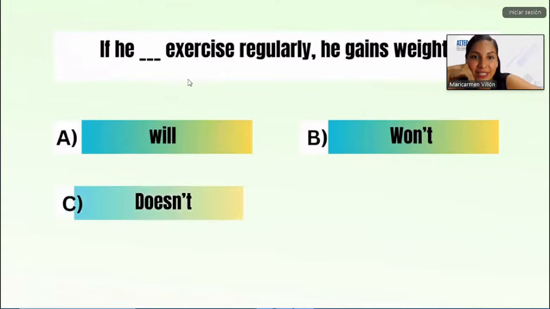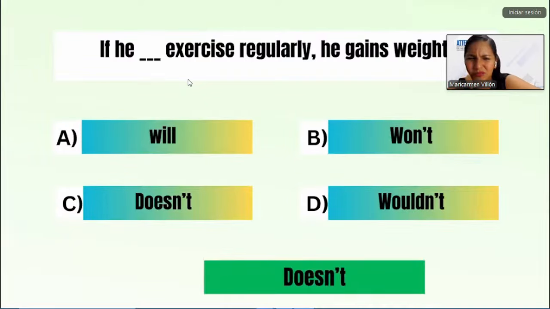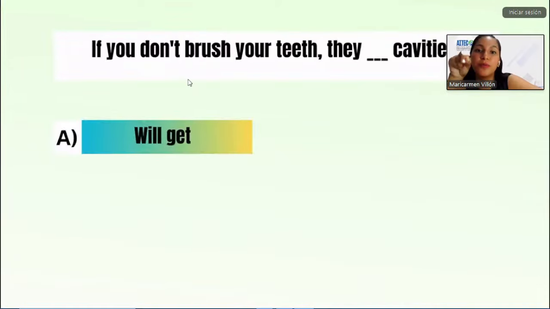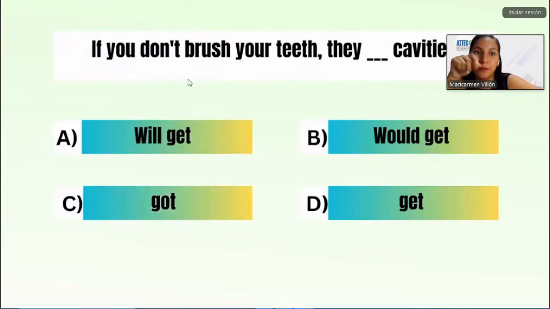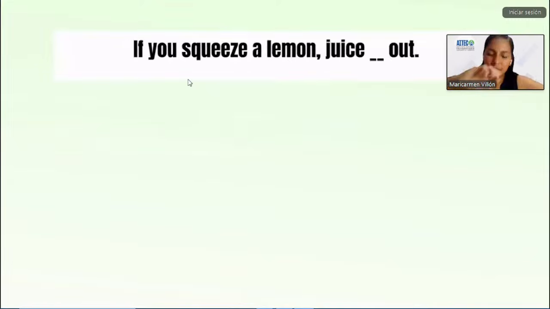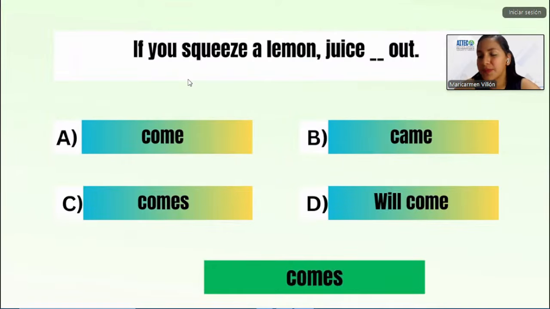If he, present simple, will, won't, wouldn't, doesn't. Look at this one now. If you don't brush your teeth, they. Cavities. Cavities are caries. If you squeeze a lemon juice, comes out.